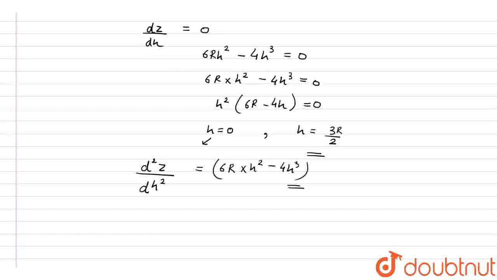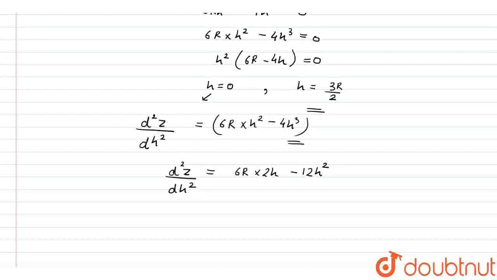After differentiating it with respect to h, we'll get 6r into 2h minus 12h². This is the value of our d²z/dh².